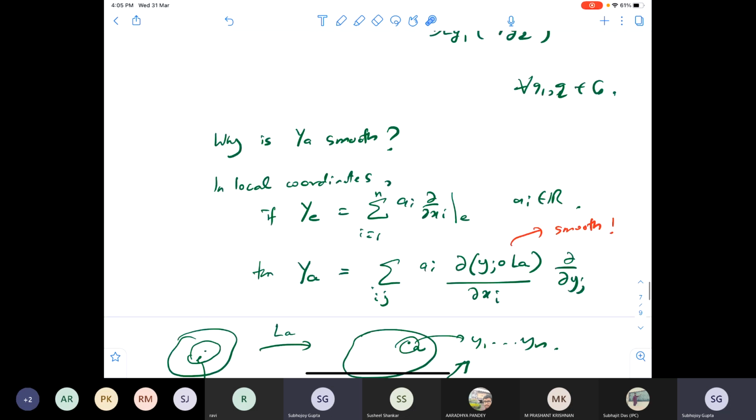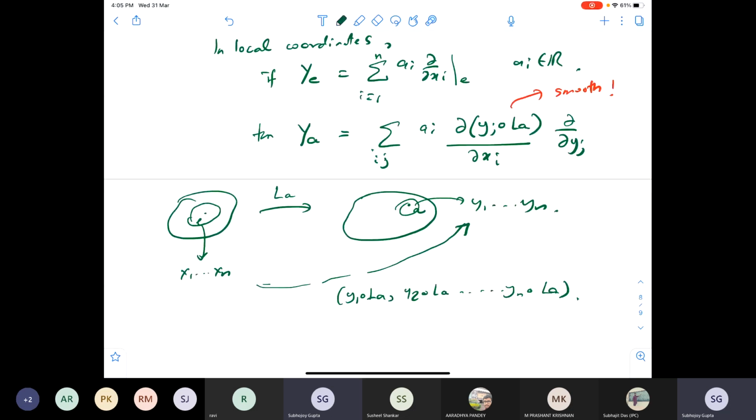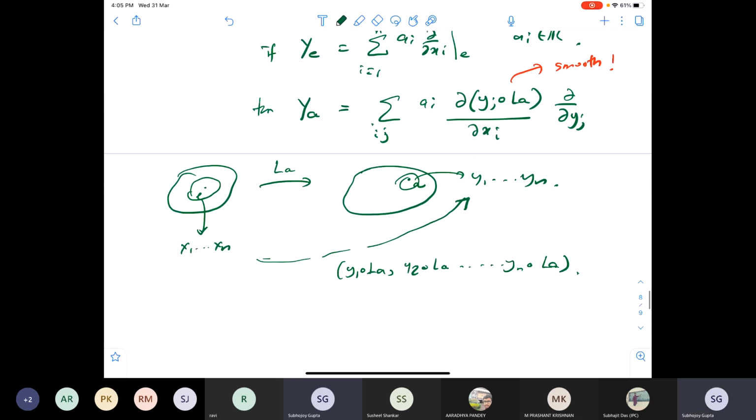All right, so anyway, this is maybe a little bit pedantic. It's sort of obvious that if these left translations are smooth maps, and you define the vector field by pushing forward with the derivative as we did, you're going to get a smooth vector field.